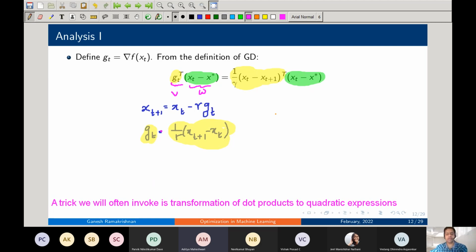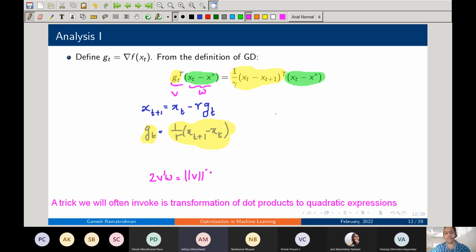Then I can write down 2V transpose W. This is V transpose W, but 2V transpose W. What is the relation between that and norm squares or their differences? Anyone?